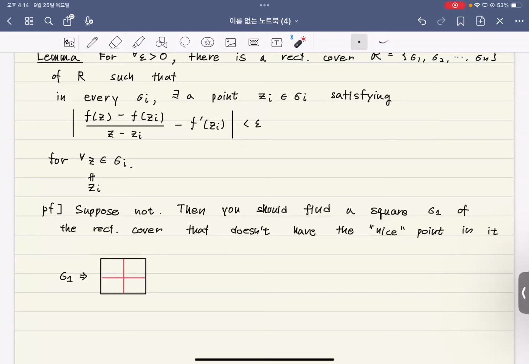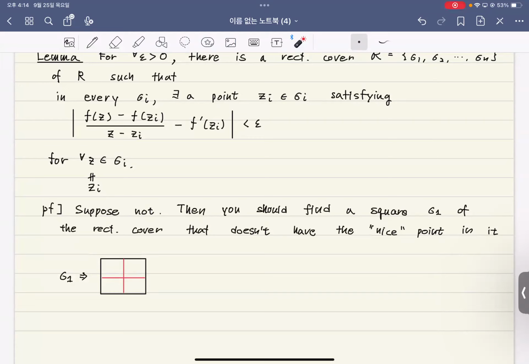Now let me focus on these 4 squares. Since you cannot find such a nice point in sigma 1, there must be at least one of these 4 squares that cannot allow such a nice point. If not, then you could find such a nice point for that epsilon, which clearly contradicts the negation of the statement.